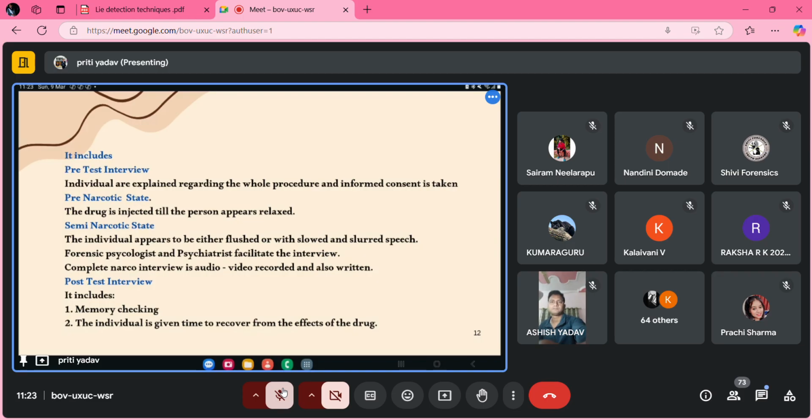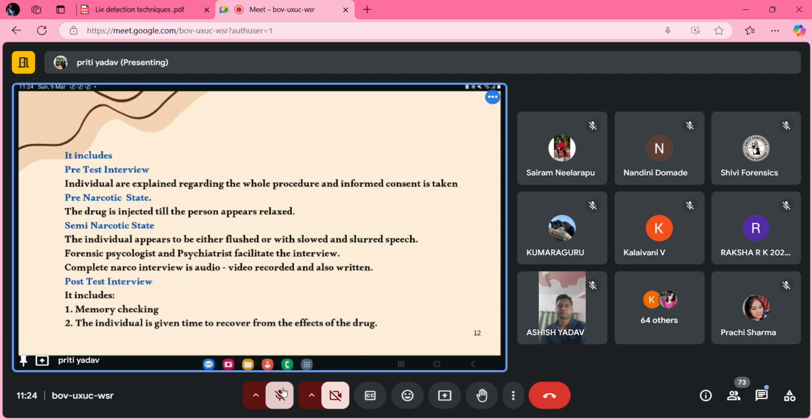In the next phase, the pre-narcotic state, the drug is injected. Sodium pentothal is commonly used these days. It is injected by an anesthesiologist. So the individual appears relaxed, and then in the next phase, the individual appears to be either flushed or slowed and has slurred speech.